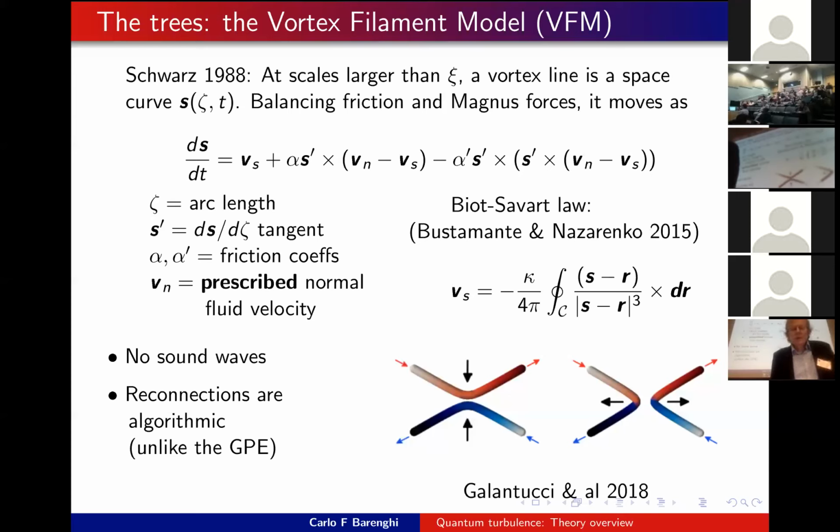So reconnections are important, and there is progress being made recently. Here you see an example of a reconnection. You see these two vortex strands, the red vortex strand and the blue vortex strand, colliding and then changing the topology. So I want to refer you to talks later in the workshop during the week given by Ferrari and Galantucci on this important ingredient of the turbulence.